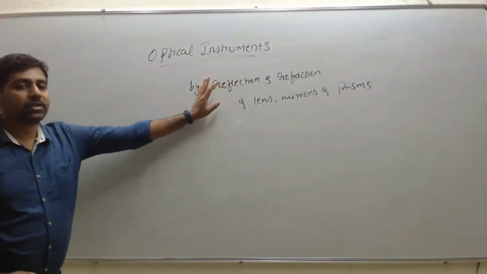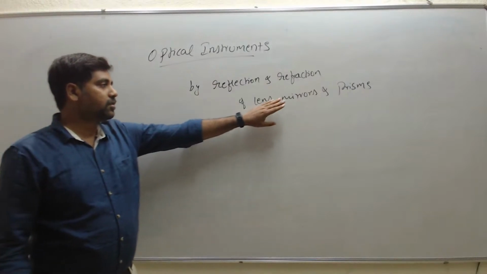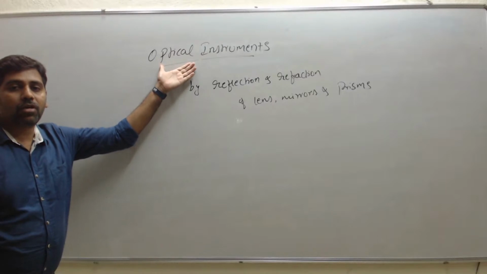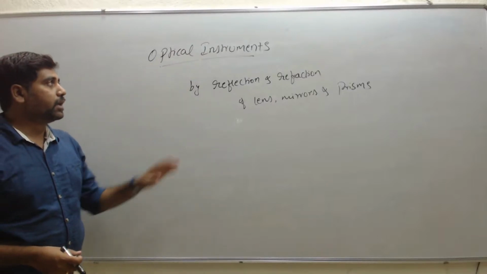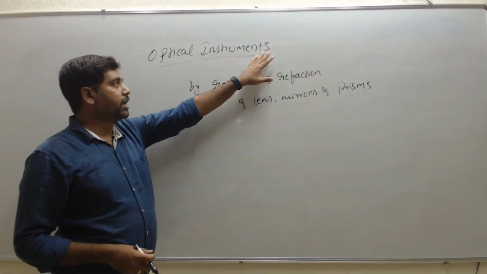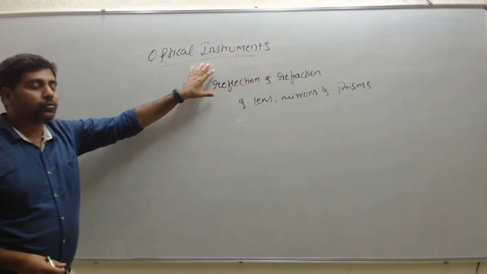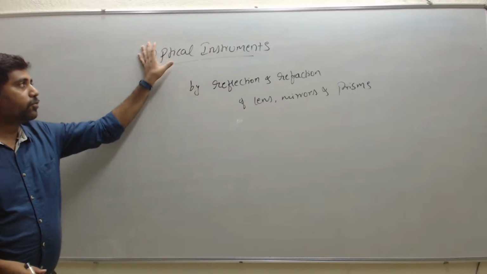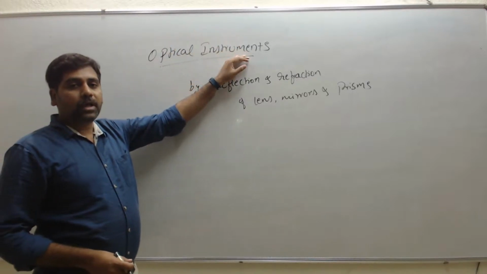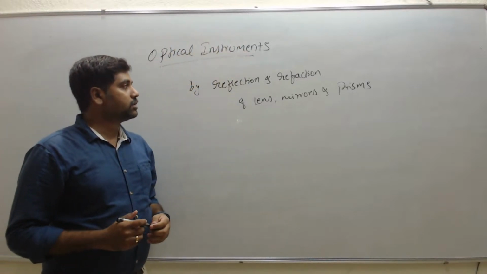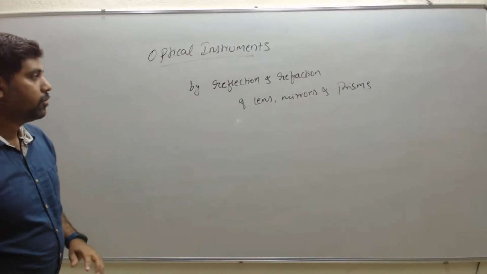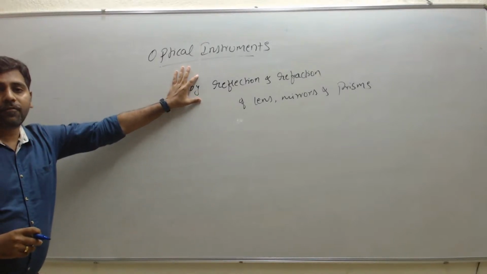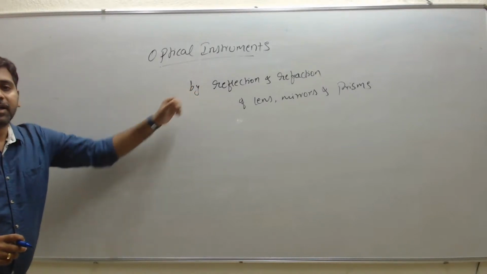By using these properties, we design the instruments that we call optical instruments. Some examples are periscopes, binoculars, microscopes, and telescopes. In our syllabus, we have the principle and working of the microscope and also the telescope.